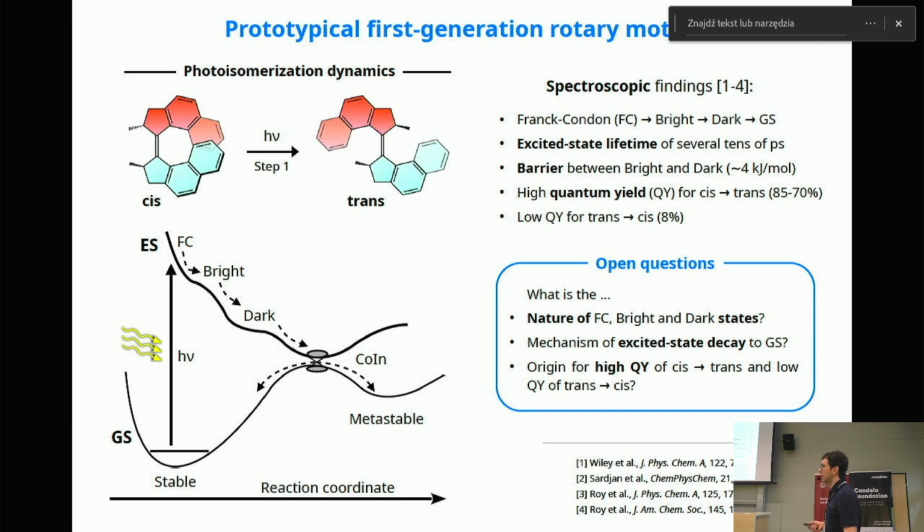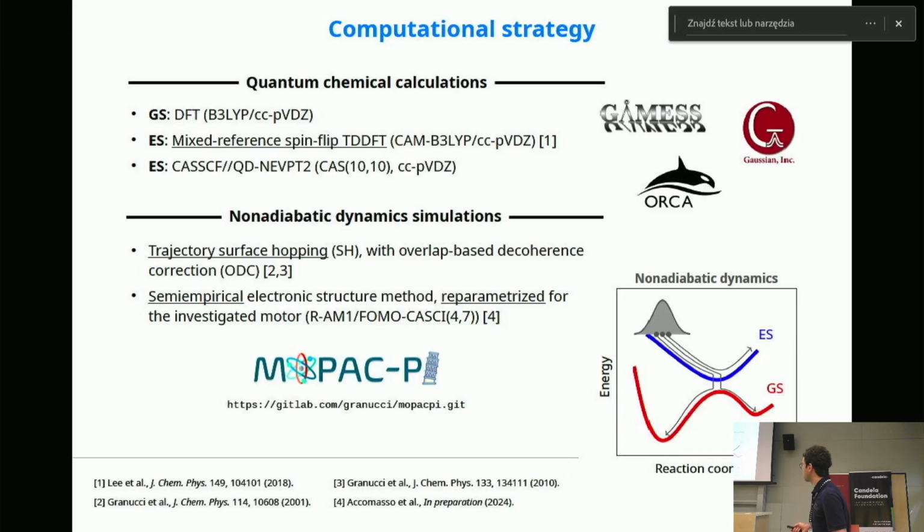In particular, we don't know the nature of the excited state involved in the excited state dynamics of this motor. We don't know the mechanism of excited state decay, and more importantly, we don't know the origin of the high yield of forward photoisomerization and the low yield of the reverse reaction, which makes this motor primed for efficient forward rotation.